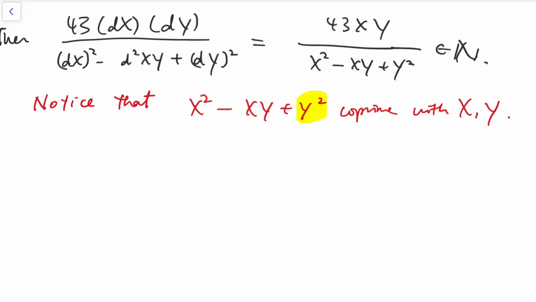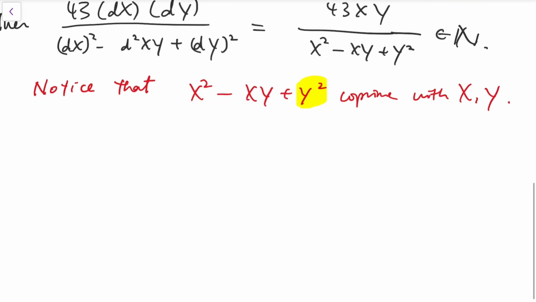And we have a similar situation on big Y, where big X squared will stop that quadratic from being a multiple of those prime factors.